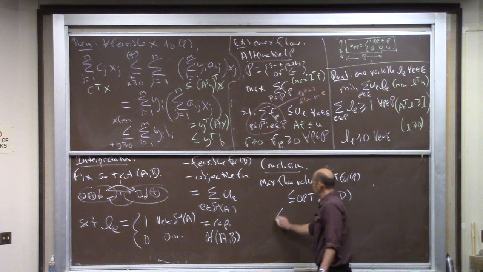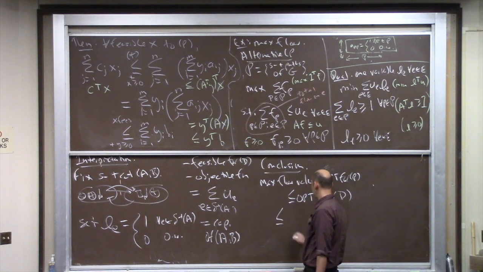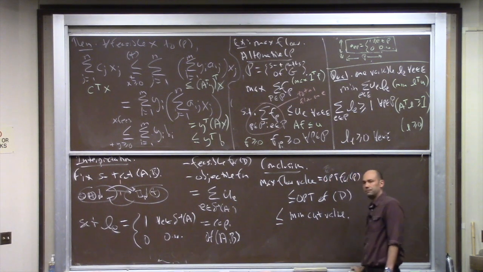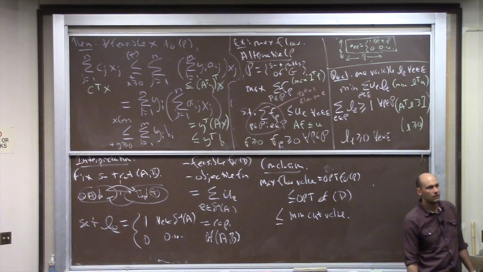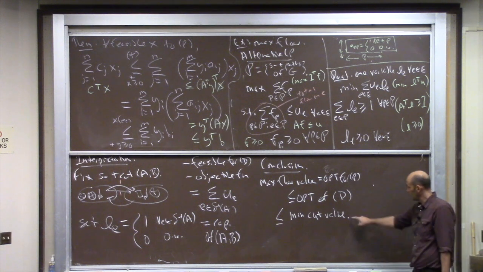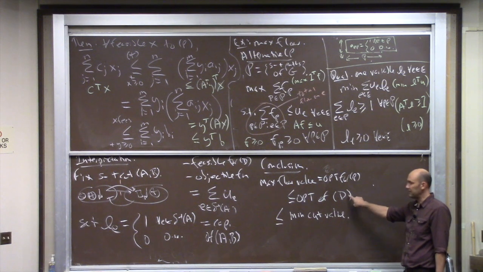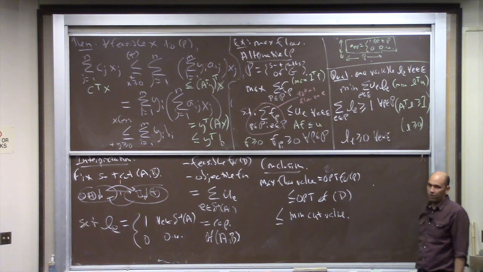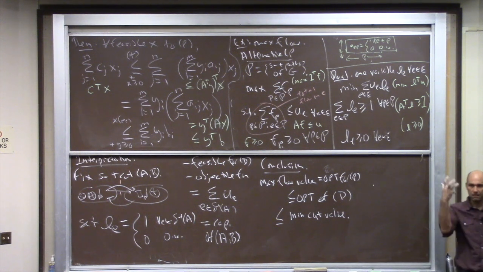Finally, only bigger than this is the min cut value. So why is this true? Why can this quantity only be bigger than this quantity? Well, think about this dual linear program. It's minimizing. It's trying to make something as small as possible.